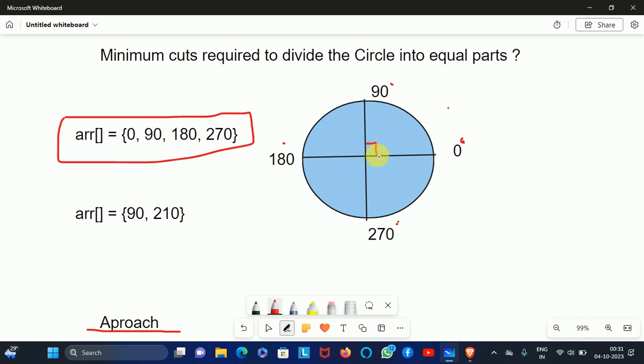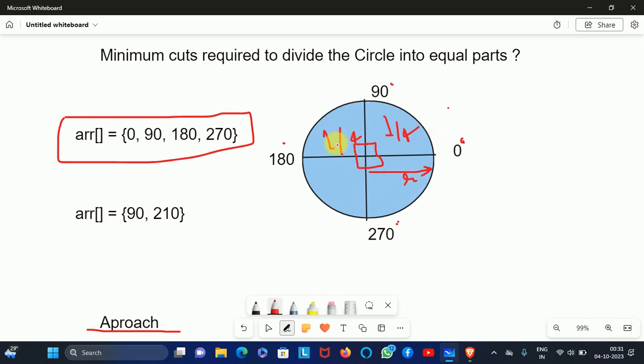This is 90 degrees, this is also 90 degrees, and this is also 90 degrees. If the radius of the circle is r, then this part is 1/4 of the whole circle. This is also 1/4 of the whole circle, and the same with this and this. So this is already in equal parts.